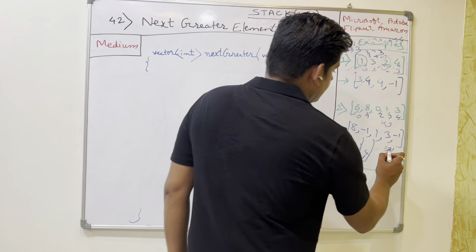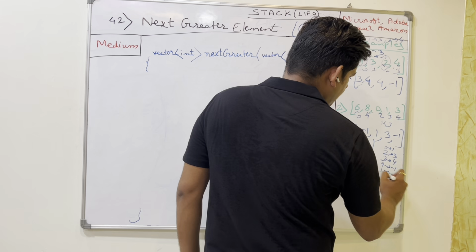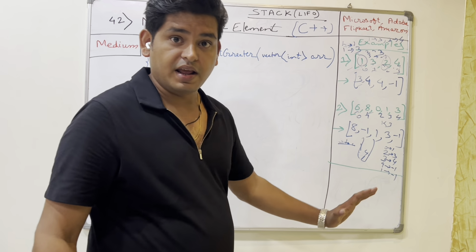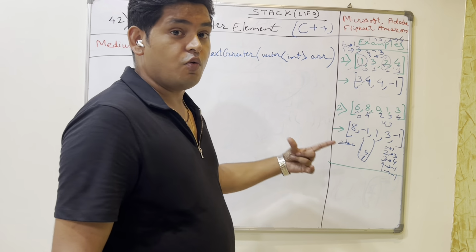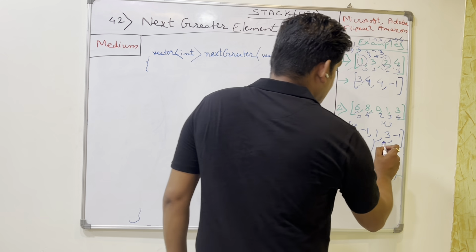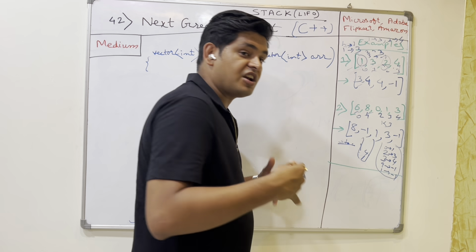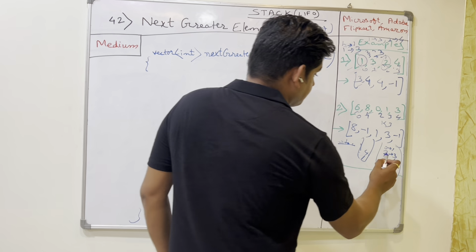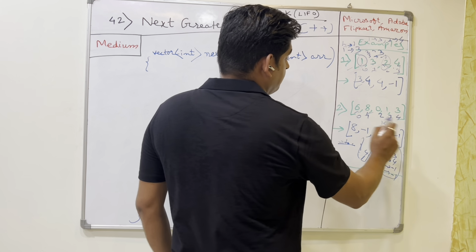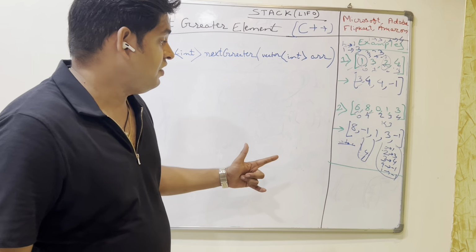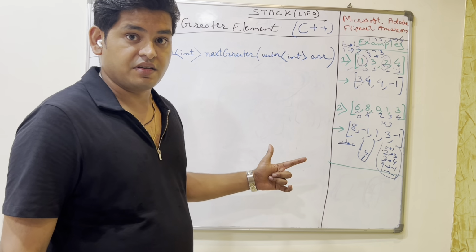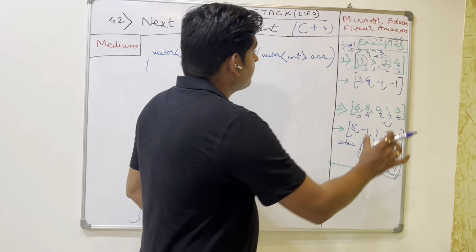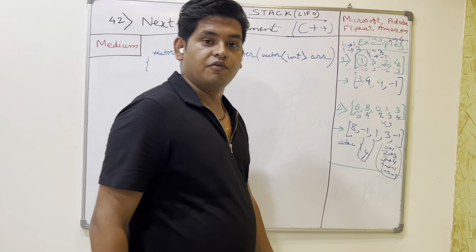And then we can just traverse this and add it into a new array. But if we do that, there would be extra space. We are taking extra space of a map where we are storing the position. Can we reduce this extra space and use the same array for it?